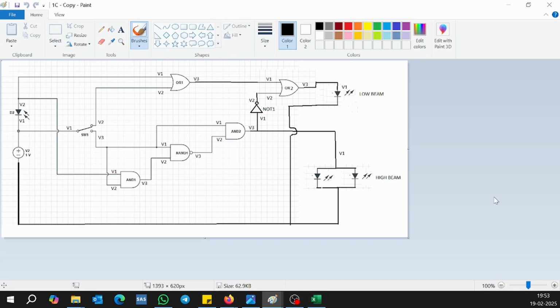So now we have come to this drawing again, and what we'll do is we'll simulate a situation where the driver has selected high beam. This is not there.